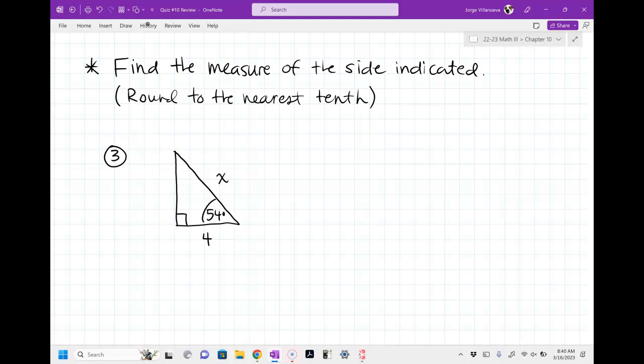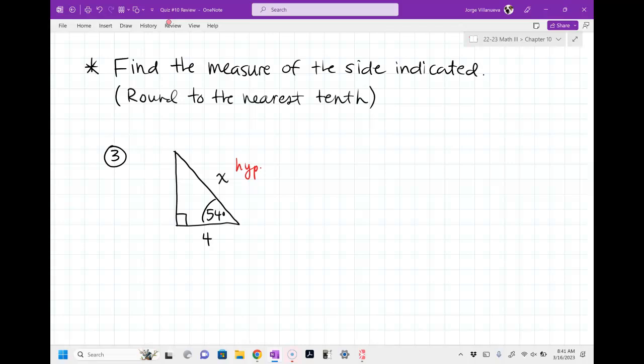Remember, it's still important that you label your triangle, because labeling is going to tell you what you should do: sine, cosine, or tangent. So which is my hypotenuse, x, 4, or the empty side? X, right? So this is going to be my hypotenuse. Which one is my opposite, the empty side or the 4? It's the empty side, right?